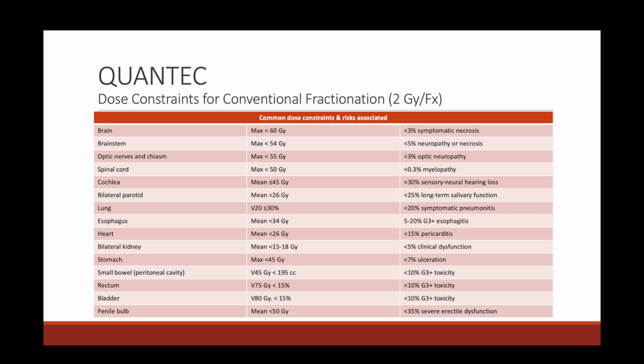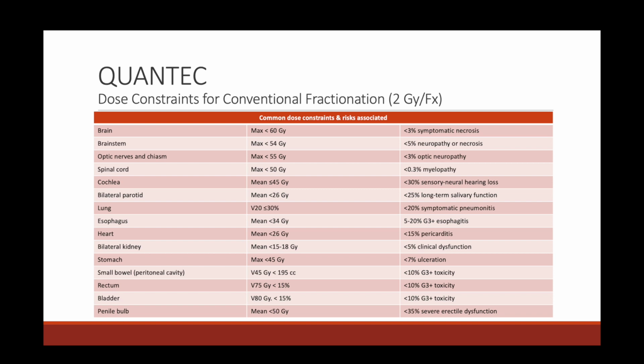These just give us, again, dose constraints that have been derived from these QUANTEC studies where they looked at the risk of causing certain end organ toxicities against a particular threshold dose, and they gave us the risk of getting to a particular toxicity. For the most part, for all these toxicities, we're really looking at late toxicities, right?